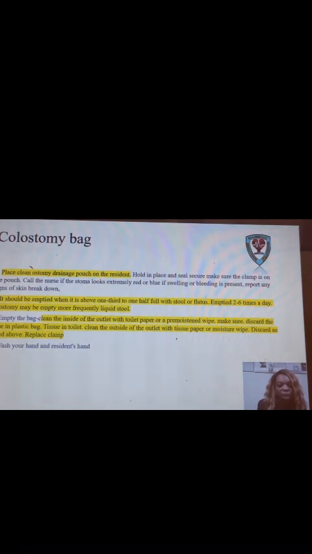You also want to clean the actual clamp that keeps the bag closed with soap and water. When you finish providing care for the colostomy bag, you want to wash your hands and wash the resident's hands.